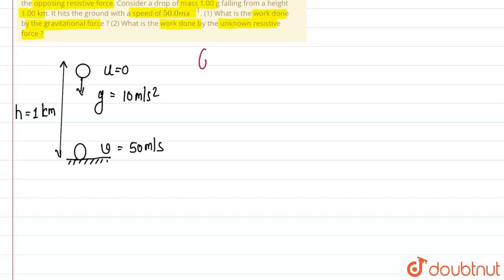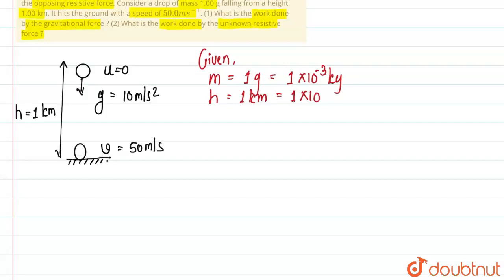In this question, whatever data they have given, first we will write that. The mass is 1 gram, so we will convert into kg. It is 1 into 10 raised to minus 3 kg. Height is 1 kilometer, so we will convert that also into meter, that is 1 into 10 raised to 3 meter.